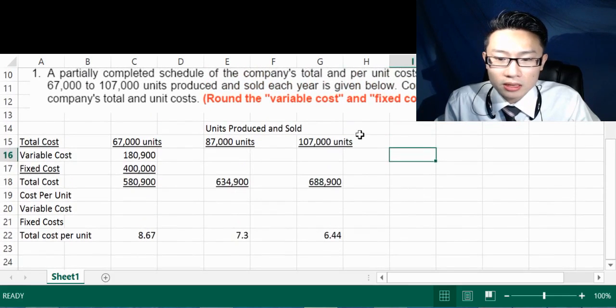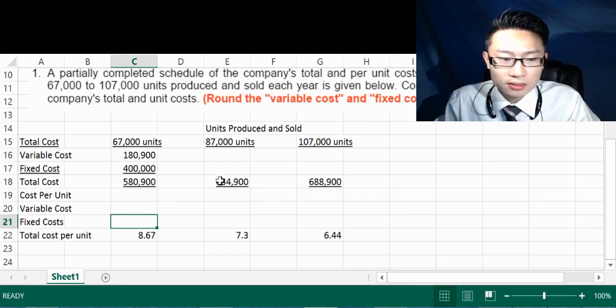So here's a question that's been made already, and we're going to use this information to fill in the blanks. First of all, we have total cost and we have our units here. We have variable cost of 180,900 at 67,000 units, and we have fixed cost of $400,000.